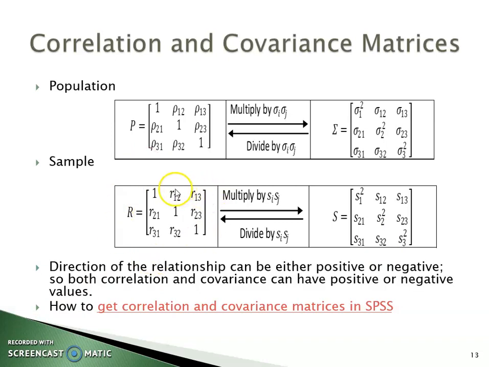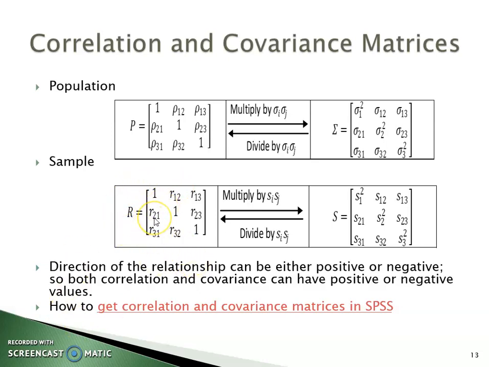In both correlation and covariance matrices, we can ignore the upper right half here because they are simply redundant information. The values above the diagonal line are repetition of the values below the diagonal line, and you can find the value that's in this position symmetric to the diagonal line.